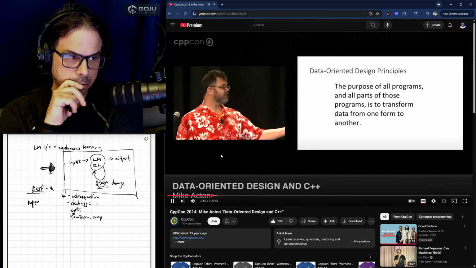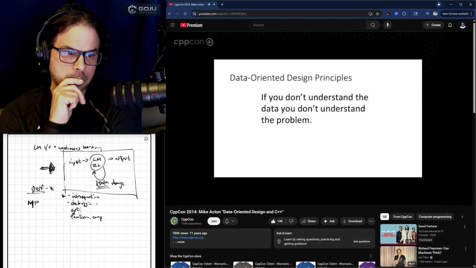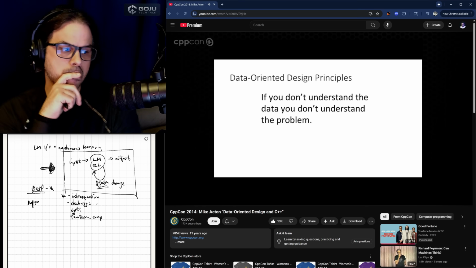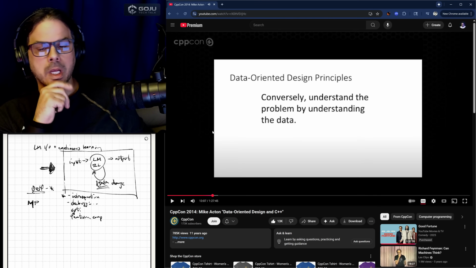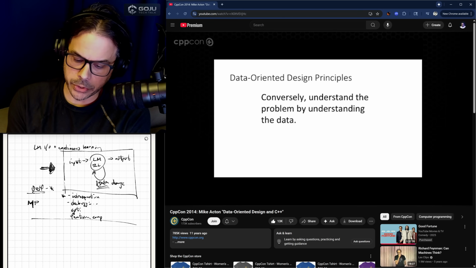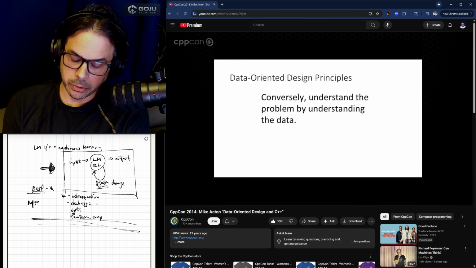Principle of why we're doing what we're doing. And to that end, if you don't understand the data that you're transforming, you don't understand the problem at all. Conversely, yeah, I totally disagree with this. I absolutely disagree. 100% I disagree. And I'll give you an example.